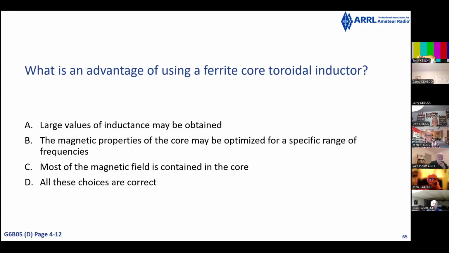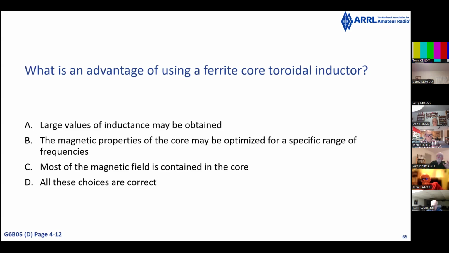Because the toroid core is made of a material that has a higher magnetic permeability than air, you get a larger value of inductance for the same number of turns in the coil that's wound around it.